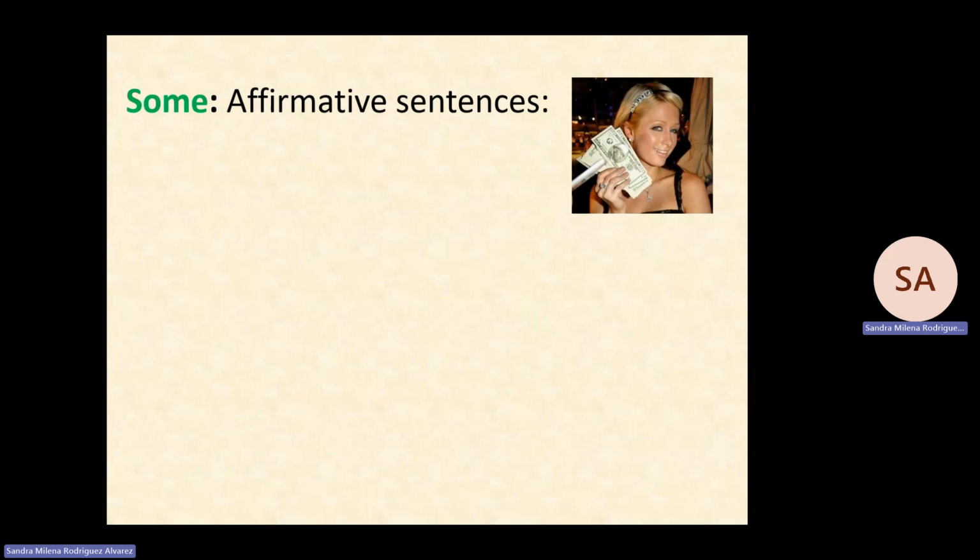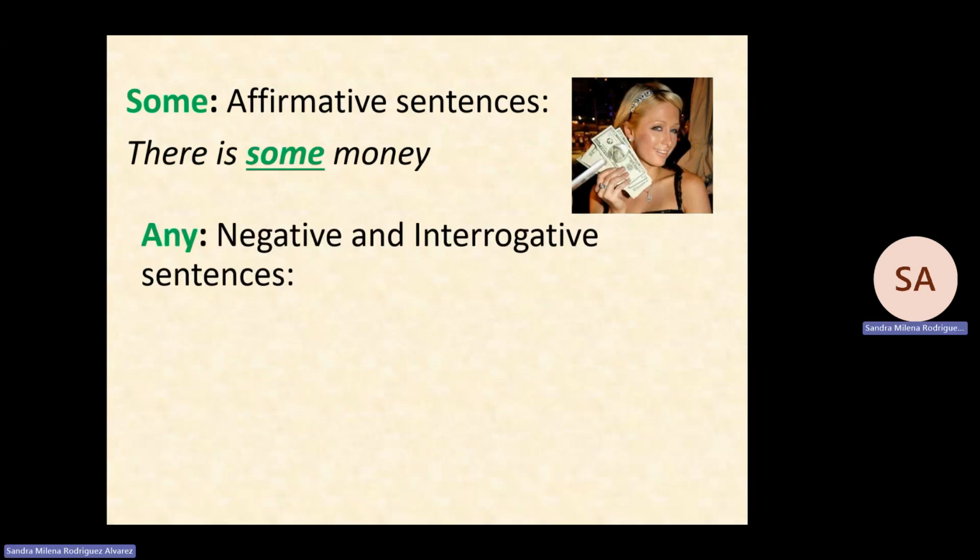Now, I use some in affirmative sentences to establish that there is, or I have the product that I mentioned. For example, there is some money. I use any to refer to negative or interrogative sentences.